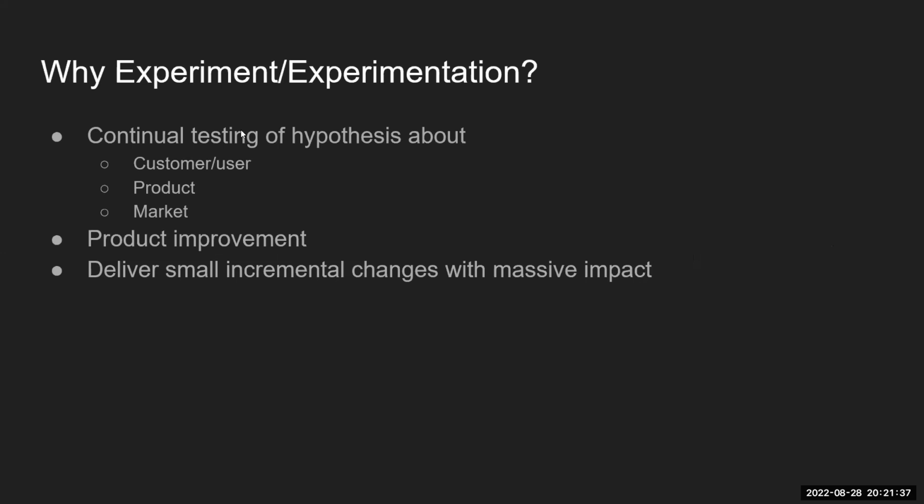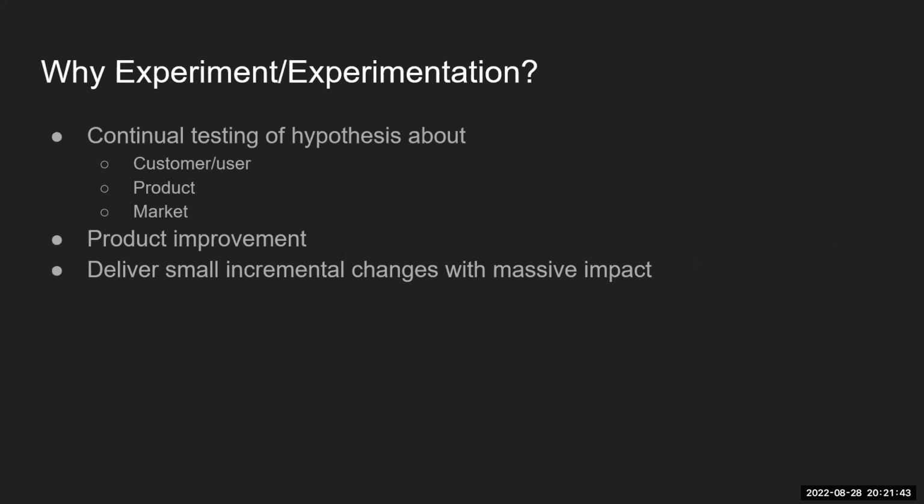Experiment would mean that we need to test that the solution we have solves the problem, or that the problem actually exists. At the point of experiment, you could be working with a product that's already in existence, or a product that you just created.